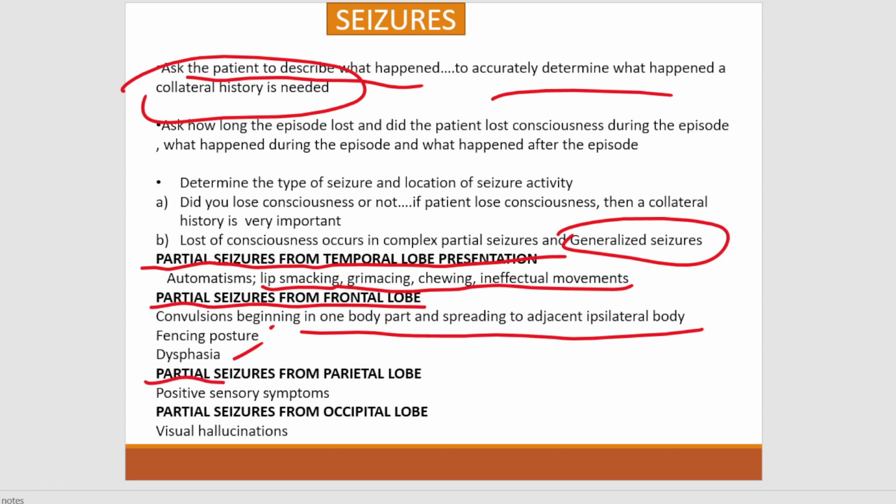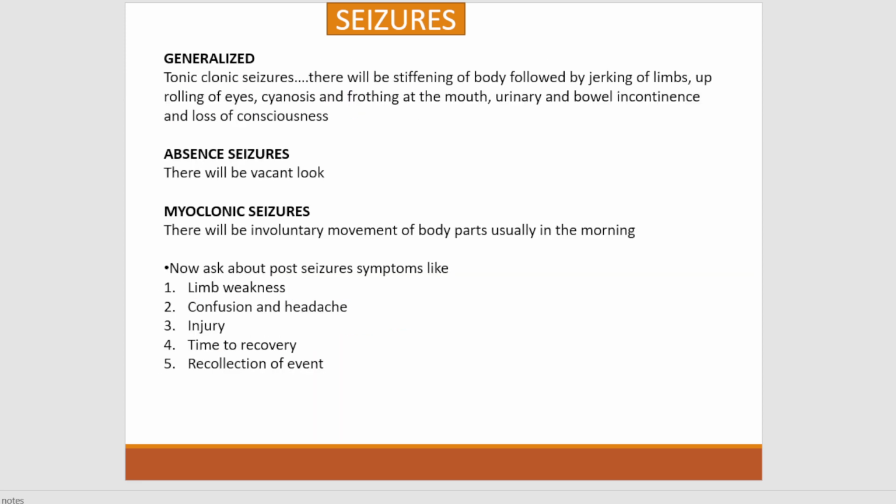If the partial seizure has arisen from the parietal lobe, the patient will have some positive sensory symptoms in one side of the body and may be followed by generalized seizure. If the partial seizure has arisen from the occipital lobe, the patient will have visual hallucinations.